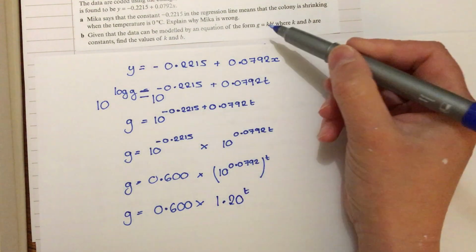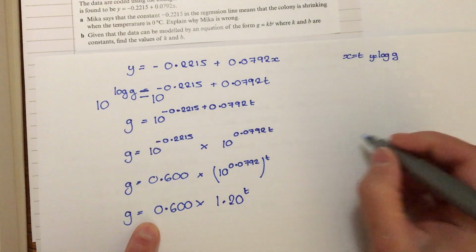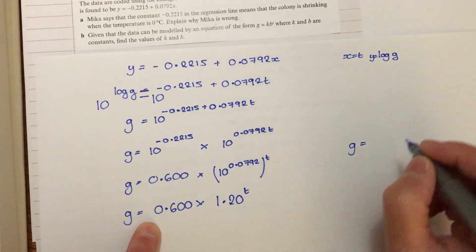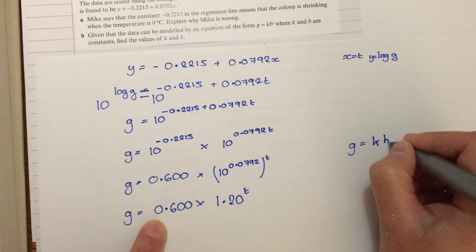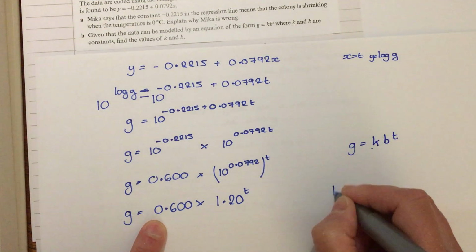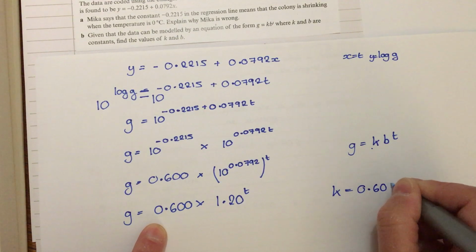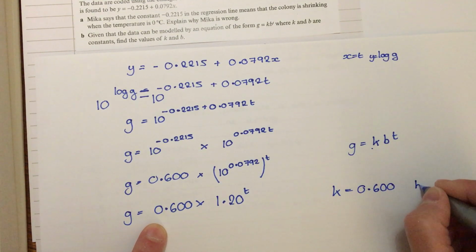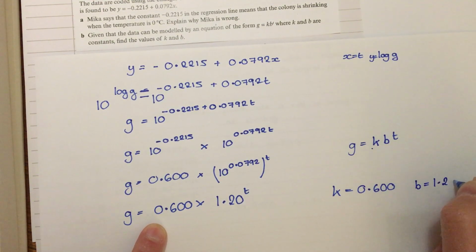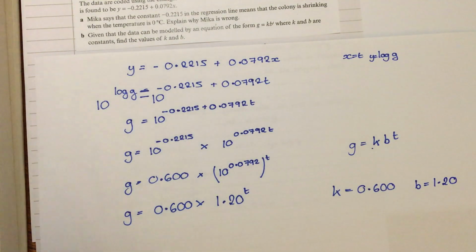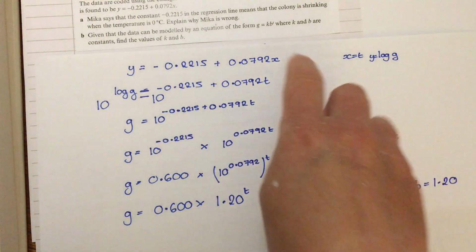So there you go. We've found out it's of the form g equals k b to the t. K is 0.600 and b is 1.20, so 3 significant figures each. It wouldn't matter.